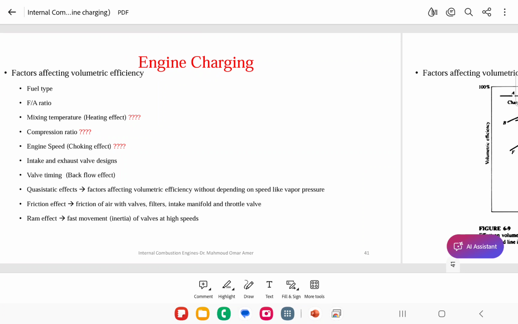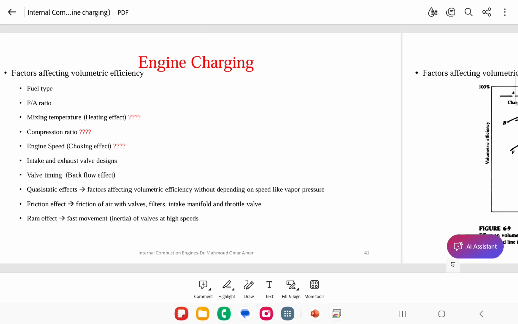Theoretical mass at the standard conditions, but the actual mass at the actual conditions. So if the temperature increases, what happens to the density? Rho equals P over RT. So if the temperature increases, the density decreases. So the mass decreases. So the charging efficiency decreases as well.